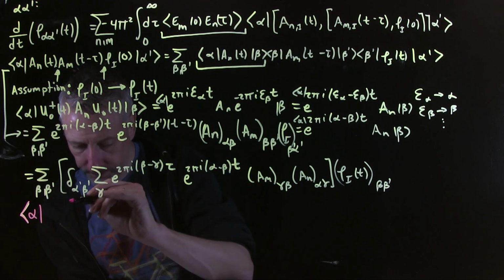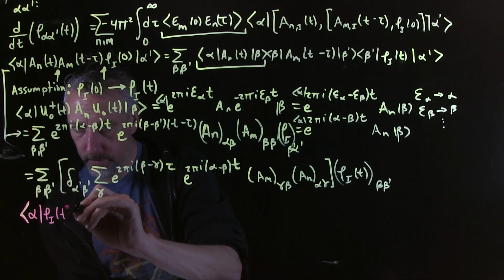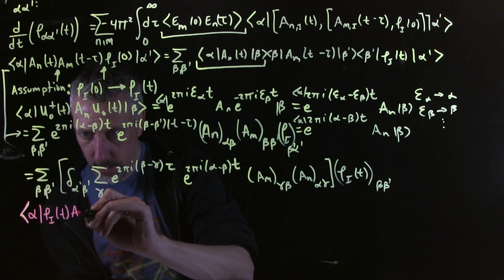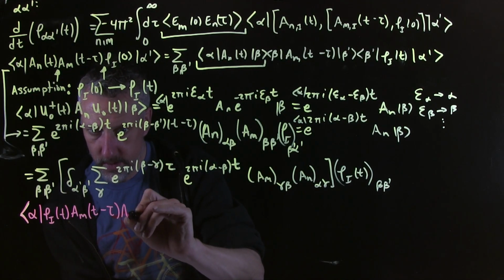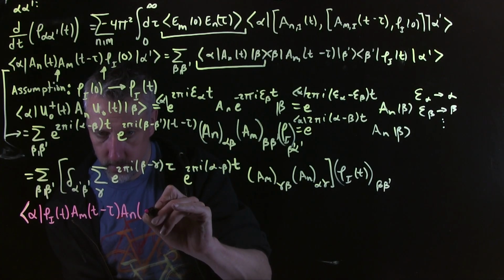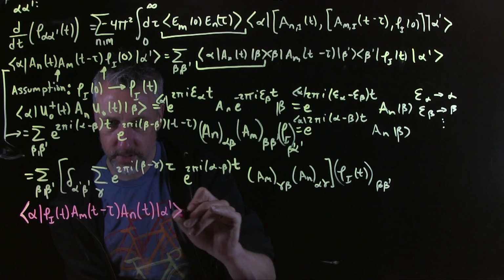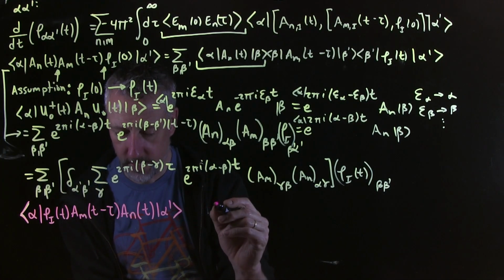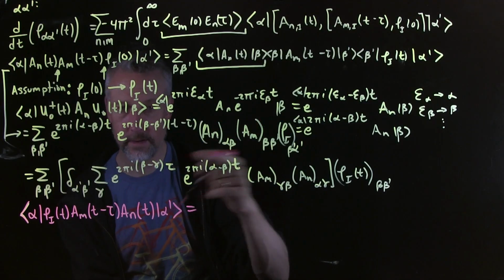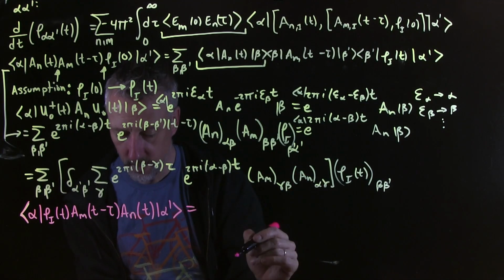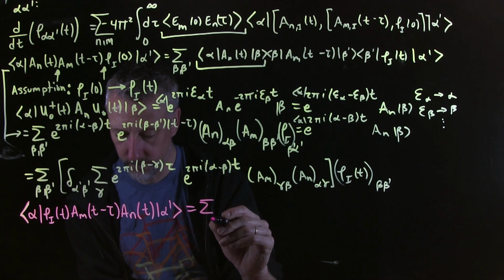So alpha, rho I is first in this one. A_m (t minus tau), A_n of t, alpha prime, because that's the matrix element we're after. So again, it's another one of these things. You plug in the basis, right? You're going to beta prime, and then you find that it's convenient if you redo it with an intermediate summation with this gamma in the middle.